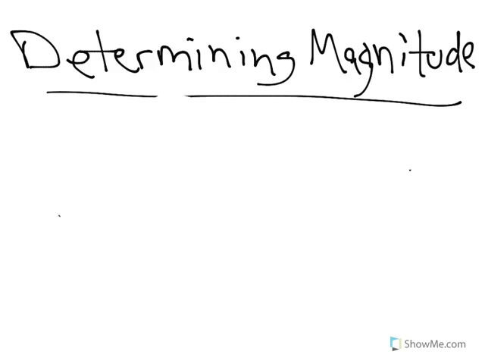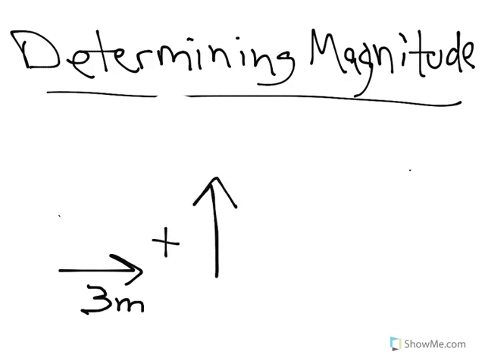But there's another way, and a more common way that we often employ to determine the magnitude of a vector. Often vectors are formed by adding together two other vectors. So if this vector was 3 meters, and I wanted to add to that a vector that was perpendicular to that, in this direction of 4 meters, how would I do that? Well, this is how you do it.